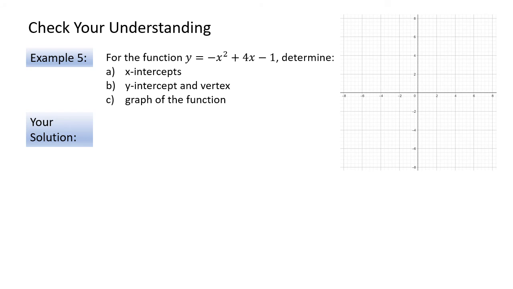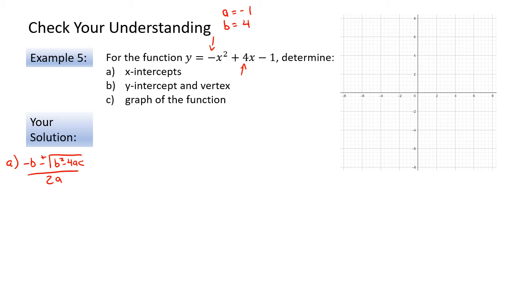So starting with part A, the x-intercepts, we start with the quadratic formula: negative b plus or minus the square root of b squared minus 4ac, divided by 2a. In this case, a is negative 1, behind the x squared term. B is positive 4, the coefficient of the x term.